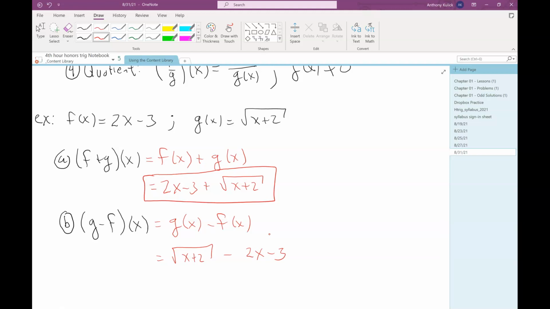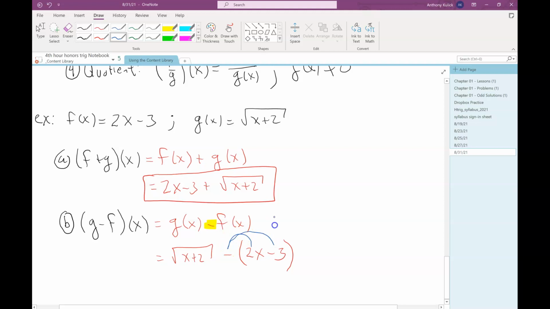Parentheses where? Yeah. So the negative sign here is applying to the entire f(x). So really, I need to have that parenthesis around the entire expression for f(x).